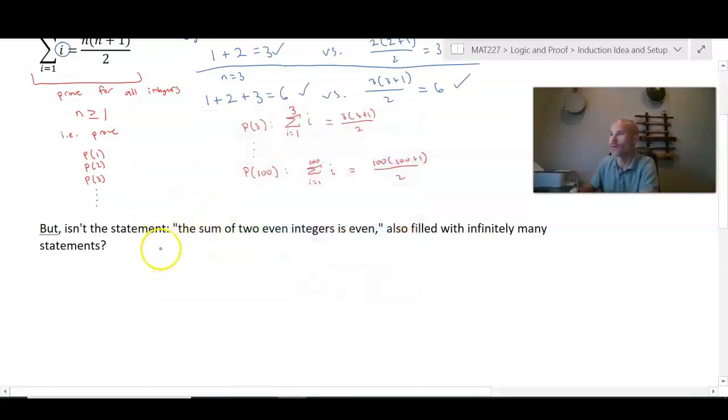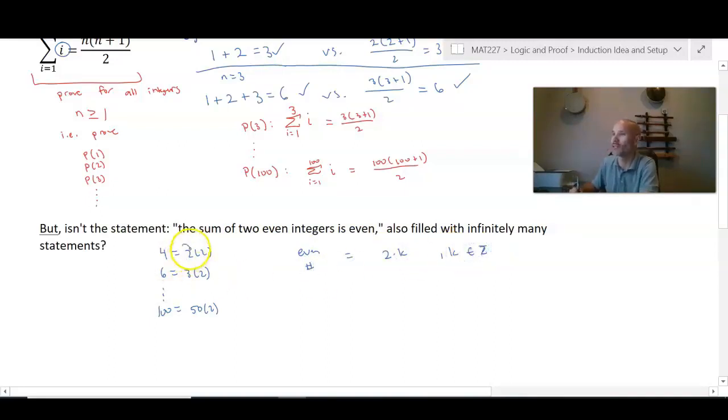For example, we know that 4 is equal to 2 multiples of 2, 6 is equal to 3 multiples of 2, 100 is equal to 50 multiples of 2. And the thing that we always know about an even number is that it's 2 times k for some integer k.